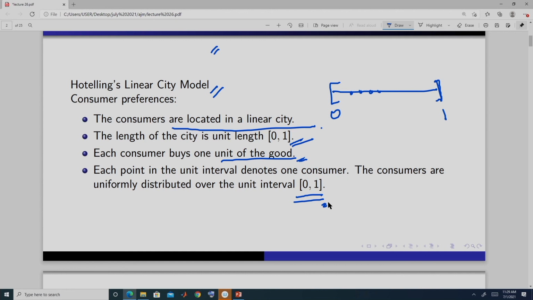So, the distribution of consumers, where each consumer buys 1 unit, is uniformly distributed over 0 and 1. It is the same thing, but this is more technically correct. The consumers are uniformly distributed over the unit length.